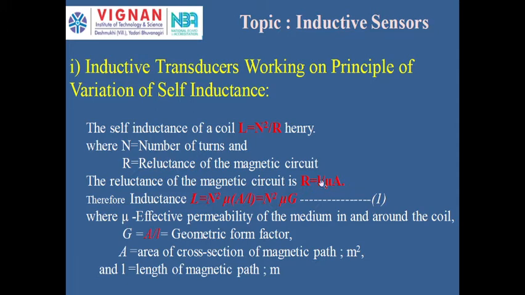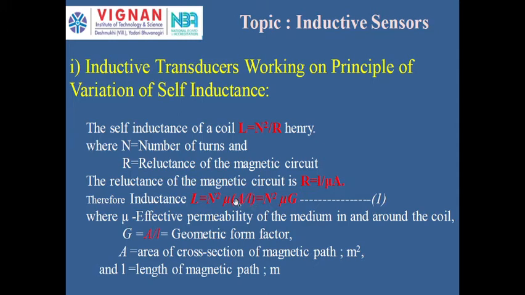If you substitute R equal to l by mu A in the equation L equal to N square by R, we get L equal to N square mu into A by l, where A and l depend upon the geometric factor of the coil, that is the cross sectional area as well as the length of the magnetic path.